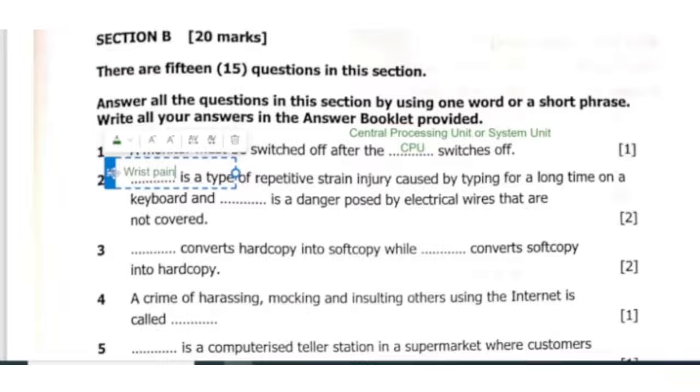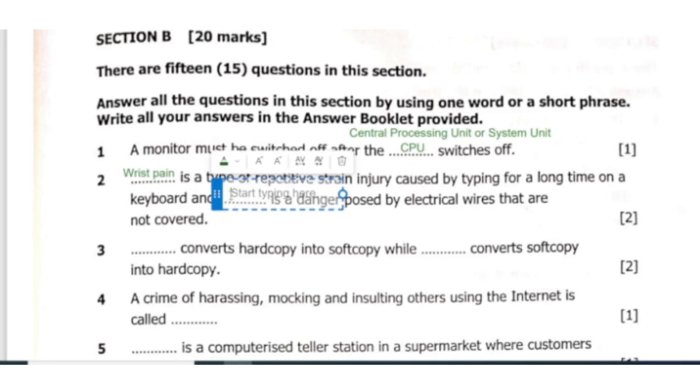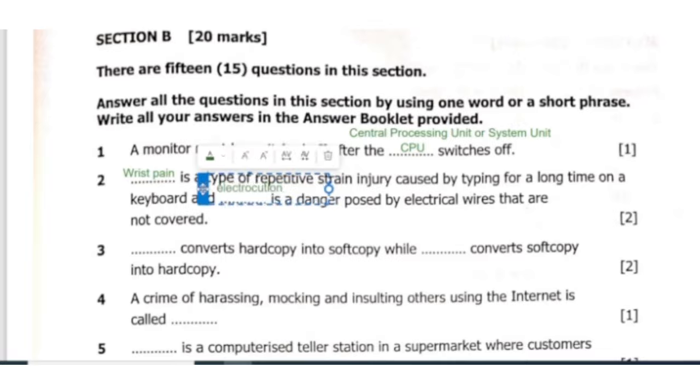The wrist will start paining, and here the danger posed by electrical wires that are not covered. One is electrocution. If you as a person who is using the computer are moving around where there are cables that are naked, you may end up being electrocuted. Once you are electrocuted, you may die or suffer some injuries.